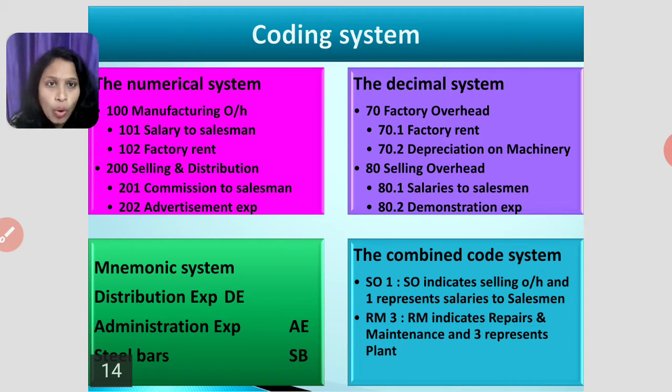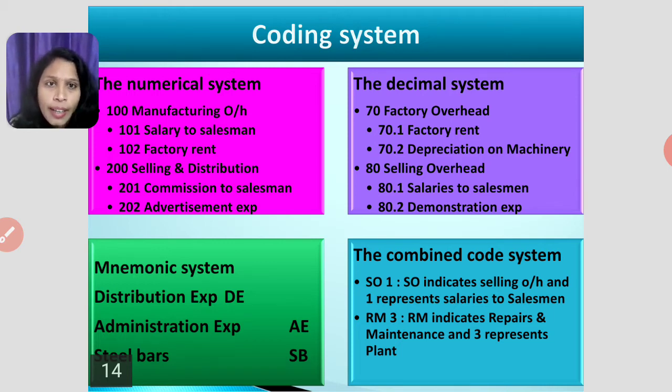We give some codes relating to 100, and those contents which are covered under factory overheads are considered in 101, 102 and some other numbers.